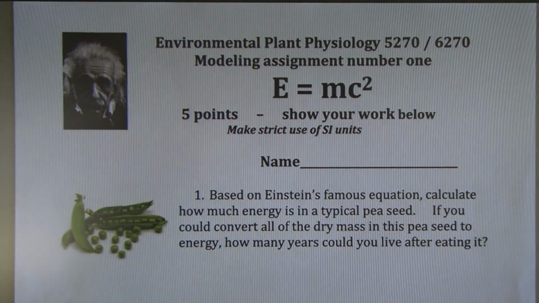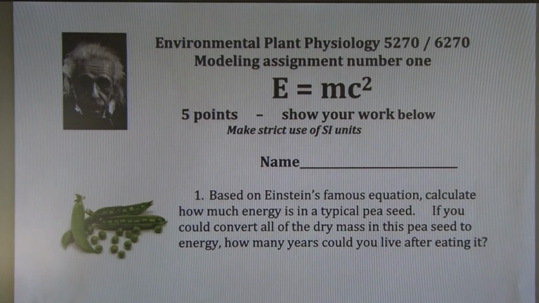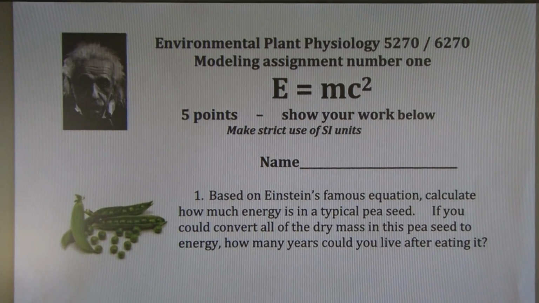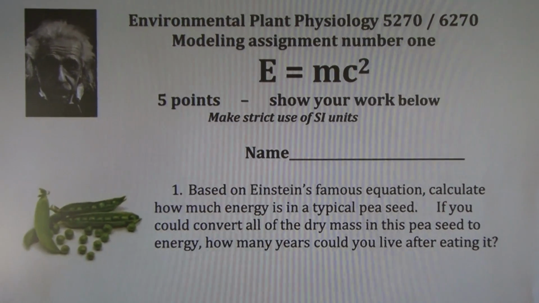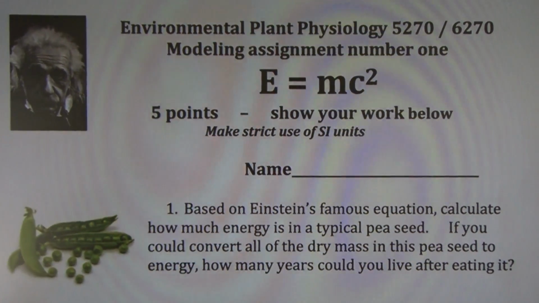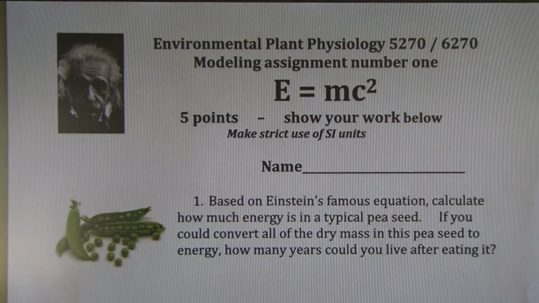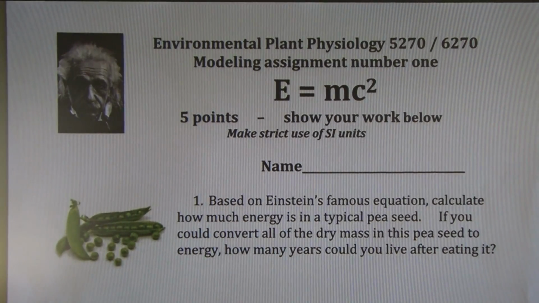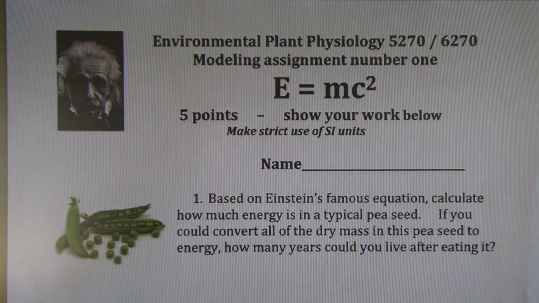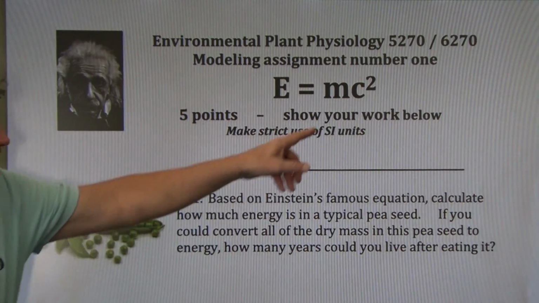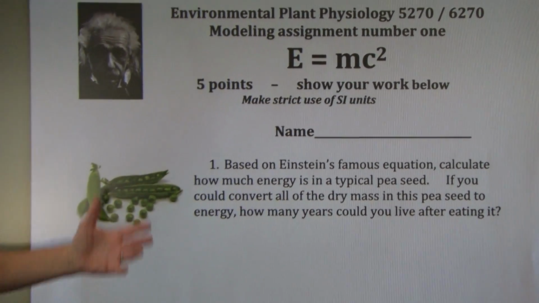Einstein's equation is one of the top 5 most important equations in the world, E equals mc squared. How much energy is in 1 pea seed, if this is right? And how long could you live if you just ate 1 pea seed, using all the energy in it? Of course, c squared, the speed of light squared, is a huge number, so it's a lot of energy.